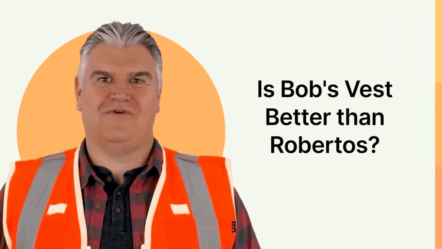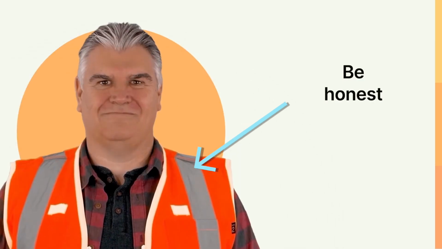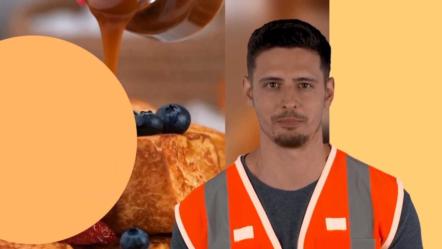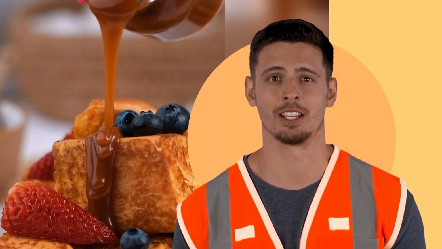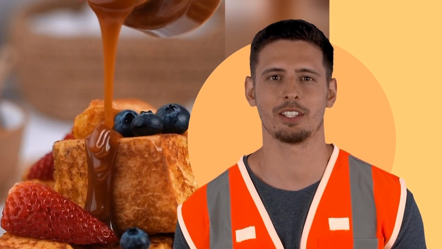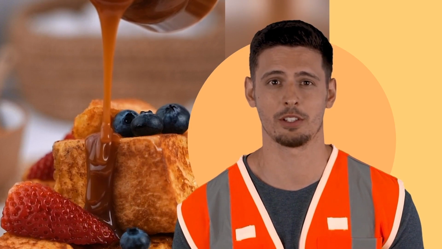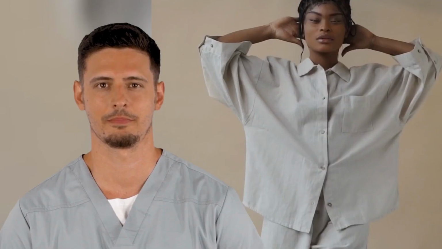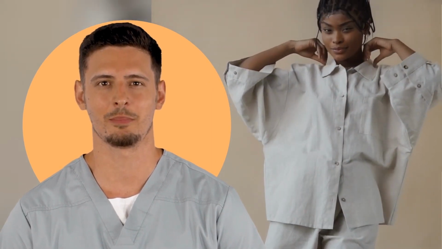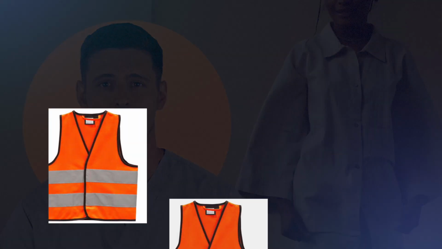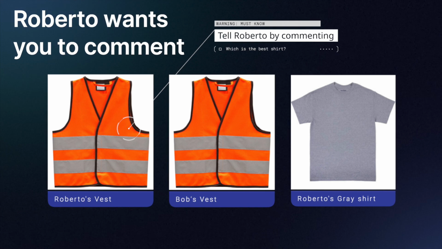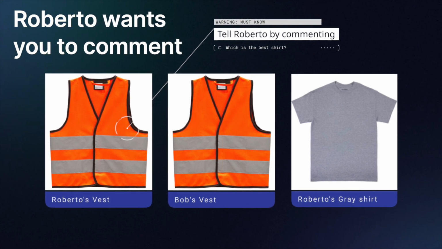Hit the like button if you like my pointless orange vest better. Also, if you like a big stack of French toast as much as I like French toast, you can hit subscribe instead. Hi. I don't know if you know this, but this is my favorite Grace chair. Comment on this video and tell me which chair you like the best. My chair, Bab's chair, or this chair. Bye bye my cool friends.